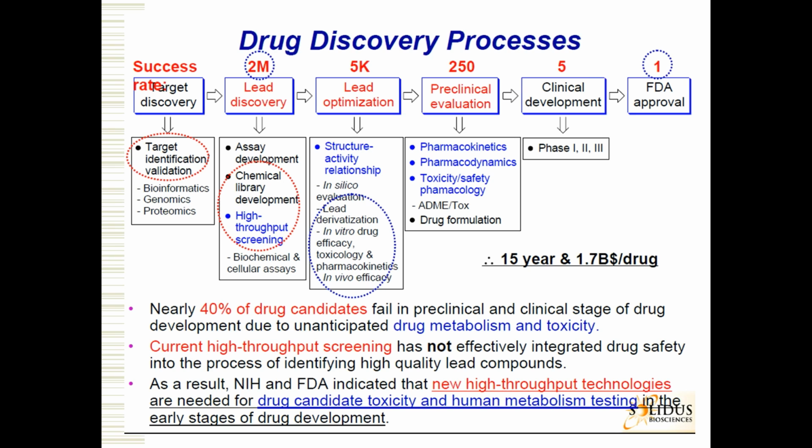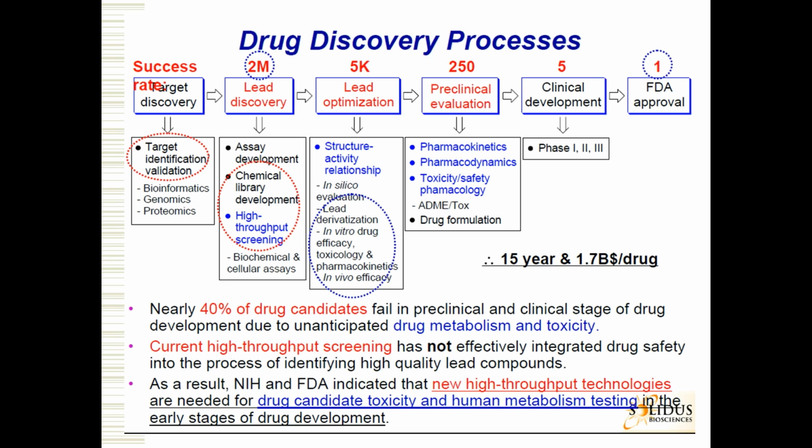Nearly 40% of the drug candidates fail in the preclinical and clinical stages of drug development due to unanticipated drug metabolism and toxicity, and this takes about 15 years and $1.7 billion per drug.